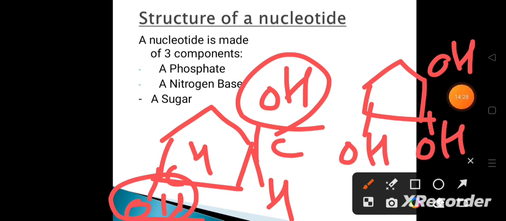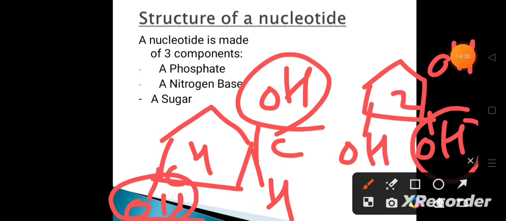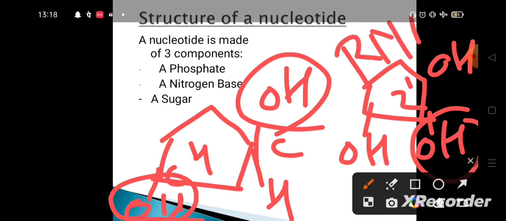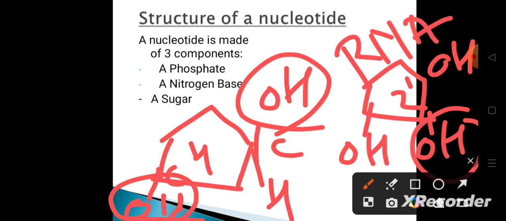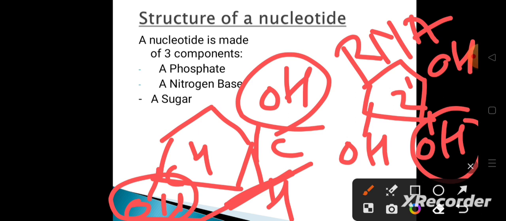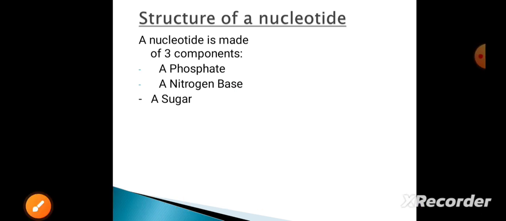This is the important difference between DNA and RNA: here there is no OH group in DNA, but an additional OH group is present in RNA.